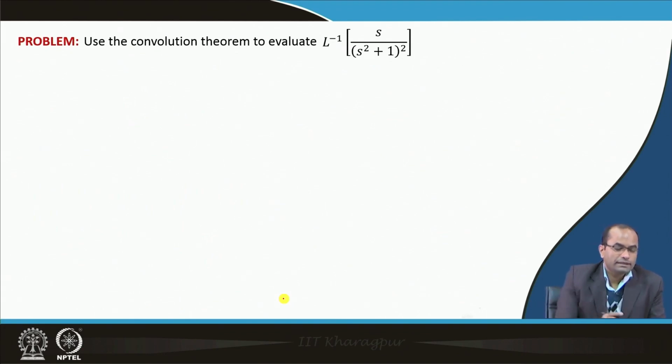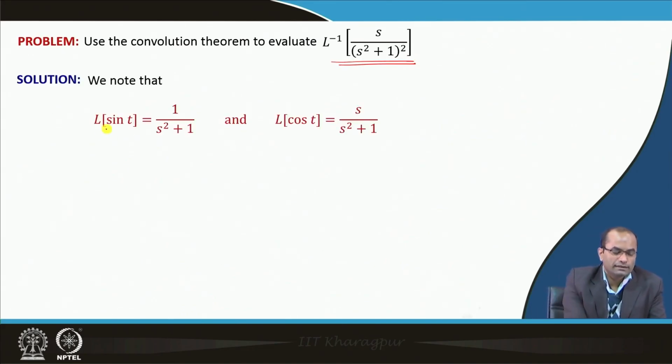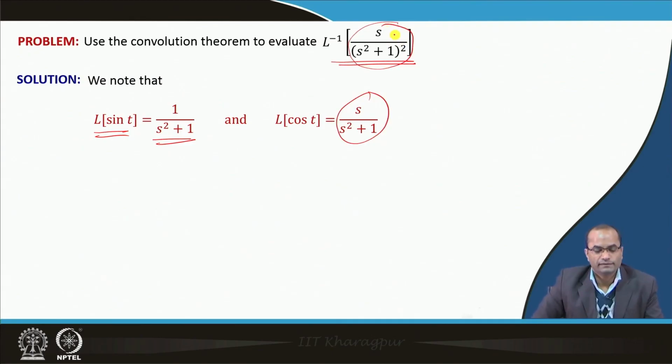If we want to apply this convolution theorem to evaluate s over (s square plus 1) whole square, again either we break into the partial fractions or we do it with the help of this convolution theorem. Here also the convolution theorem will be useful, because we know that the Laplace transform of sin t is 1 over s square plus 1, which is seated here, and the other function is multiplied by this s over s square plus 1.